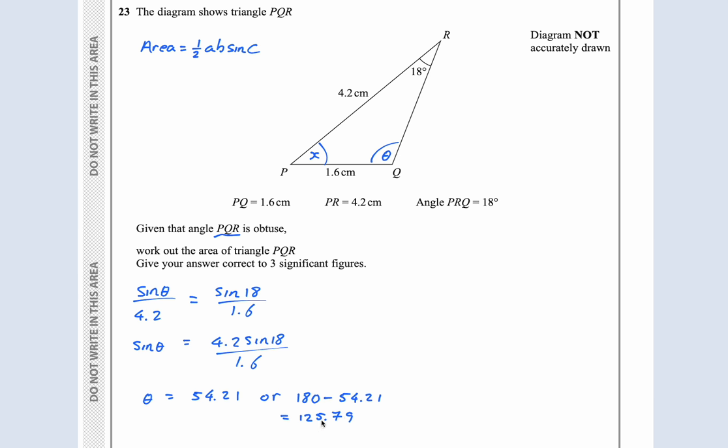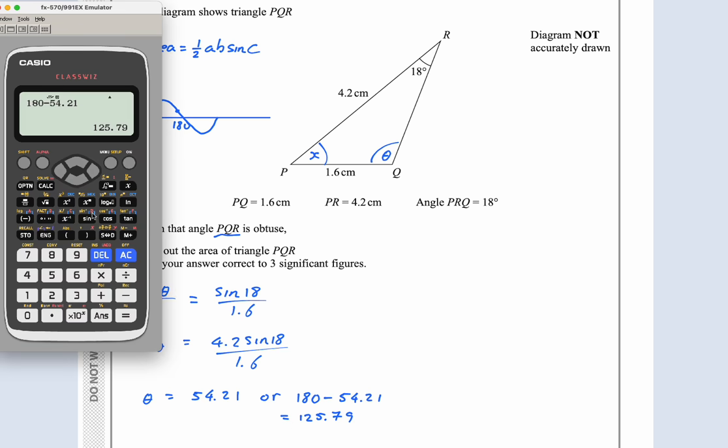Now why can I do that? Well, you can do it for a number of reasons. One of them is if you actually draw the sine curve, what happens is it goes up and then it goes down and then up, and this is 180. So the sine of 54, wherever it is, like here, is going to be the same as the sine of 180 minus 54. So the sine of this is equal to the sine of this, and I'll prove it.